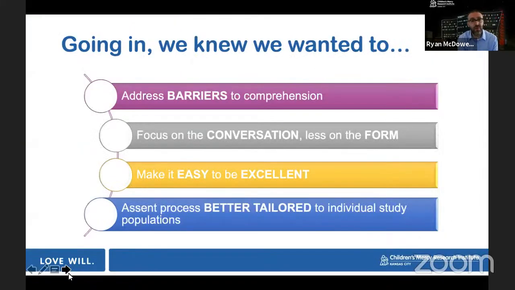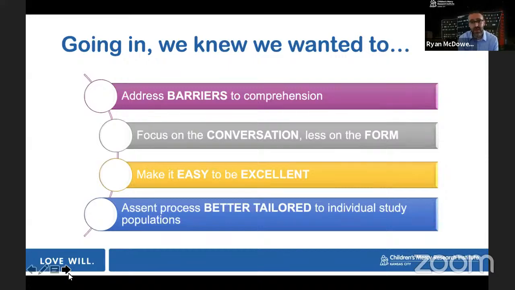So going into our overall project, we knew that there were certain things that we had to do better. We had already identified some themes of improvement. Number one was to address barriers to comprehension. When we're talking about key information, going back to the Belmont Report and the principles within respect for autonomy and the consent process: information, comprehension, voluntariness.